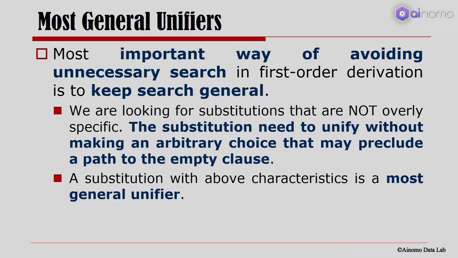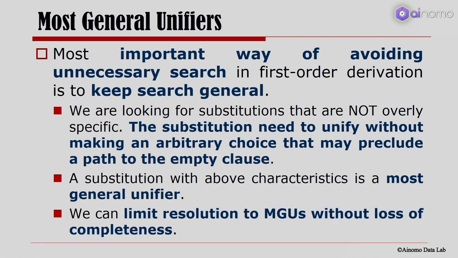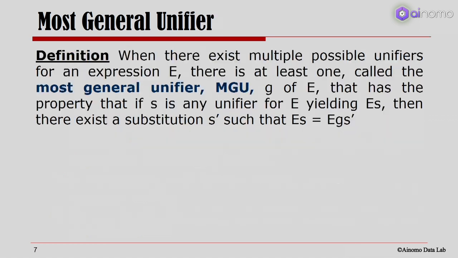So, we are looking for substitutions that are not overly specific. The substitution needs to unify without making an arbitrary choice that may preclude a path to the empty clause. A substitution that we are looking for is the most general unifier. We can limit resolution to most general unifiers without loss of completeness.